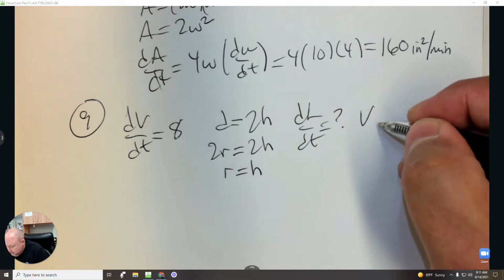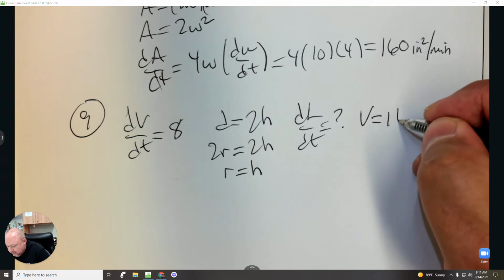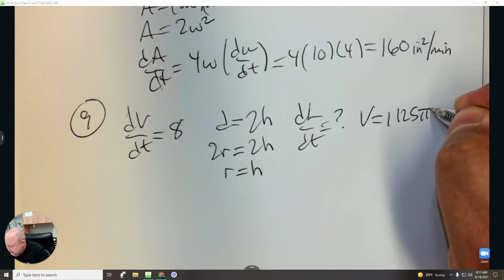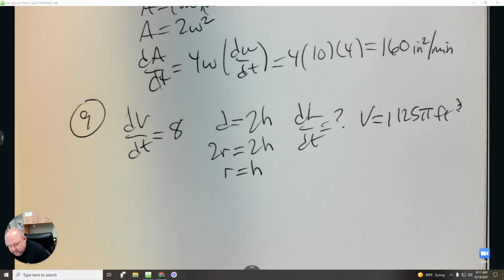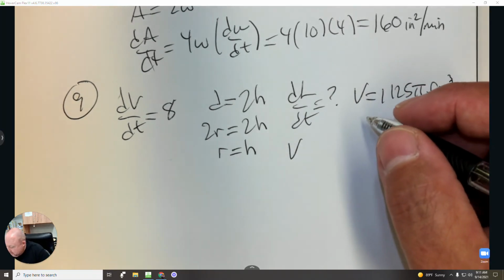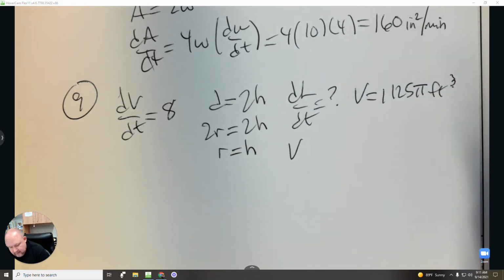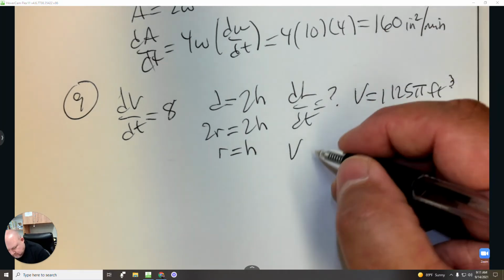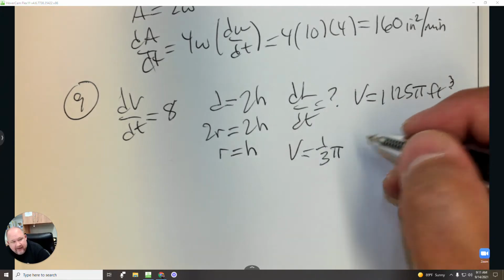When the volume of the pile is 1,125 pi, and so on. So that's what I'm looking for. So first I need to know the height of the pile. So I'm going to do that right now. So volume is equal to 1/3 pi r squared h.